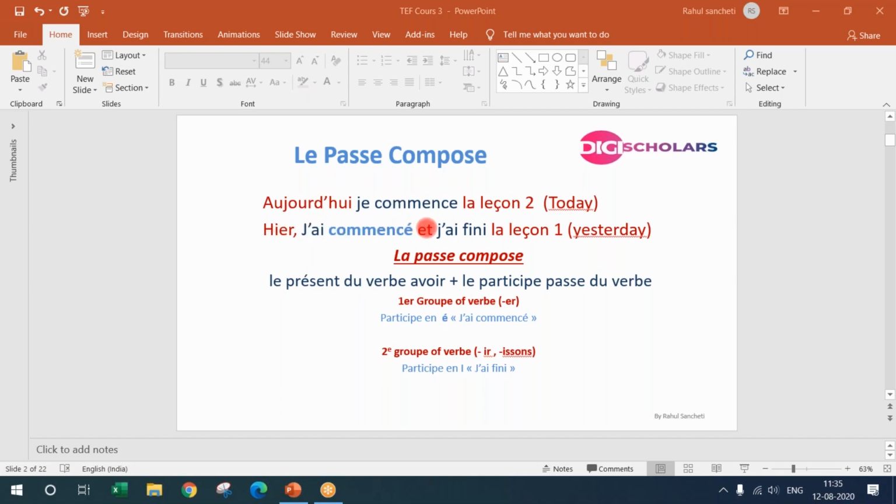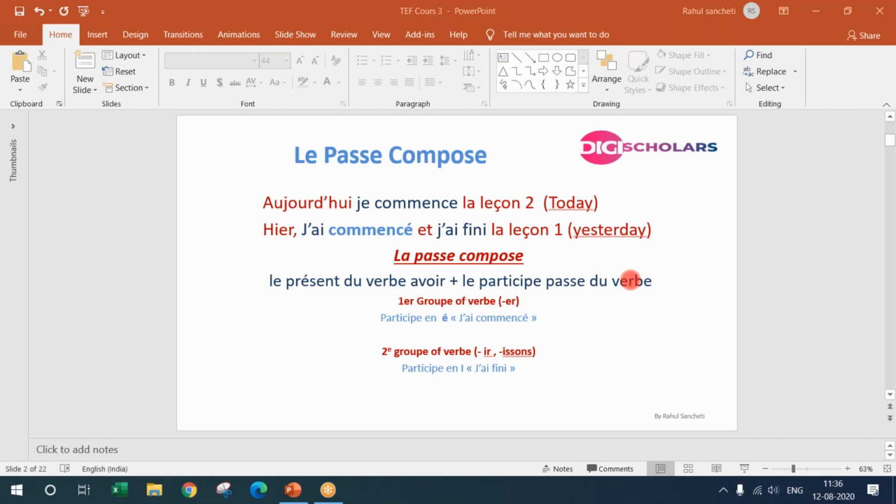J'ai commencé et j'ai fini la leçon 1, that is, I had started and I had finished lesson 1. Here you have an avoir conjugation, and then the past participle of the verb.